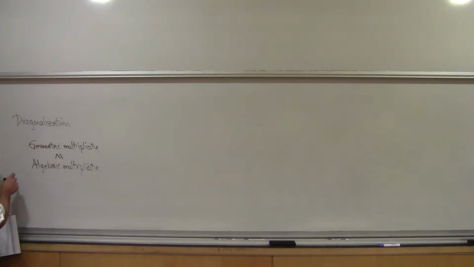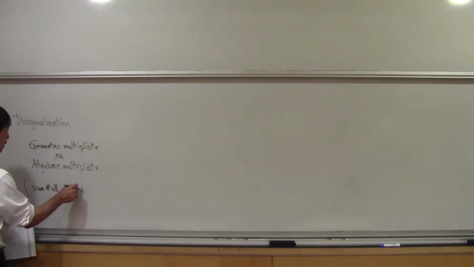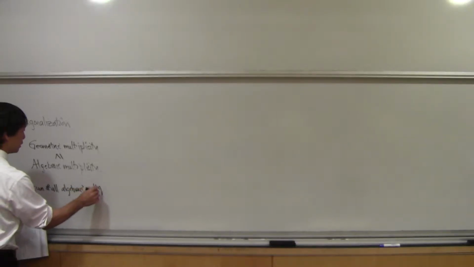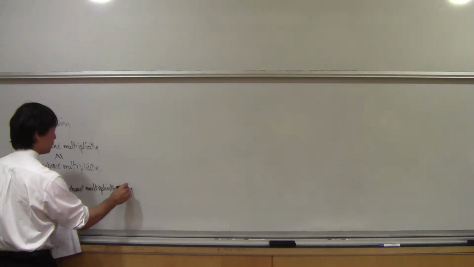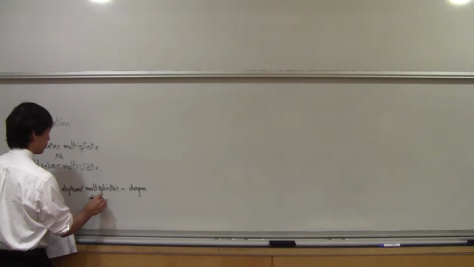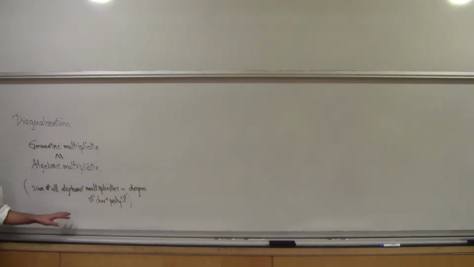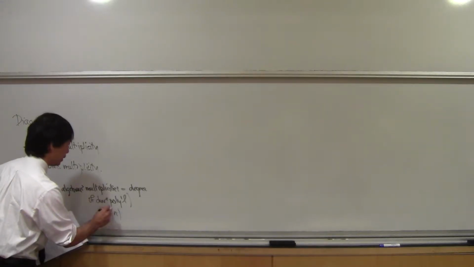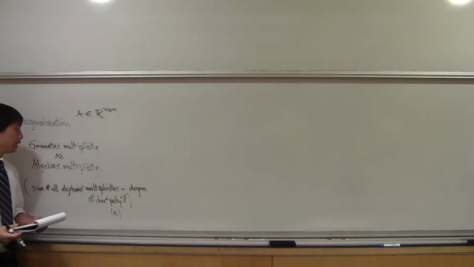And remember that the sum of all the algebraic multiplicities equals the degree of the characteristic polynomial, which we call n.